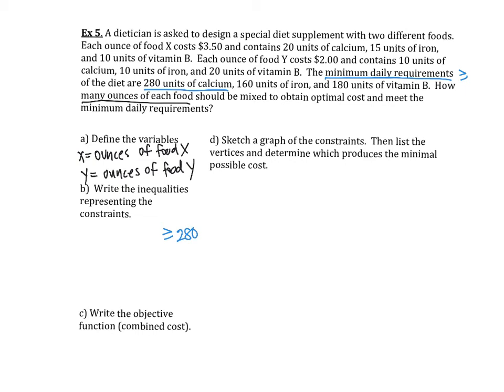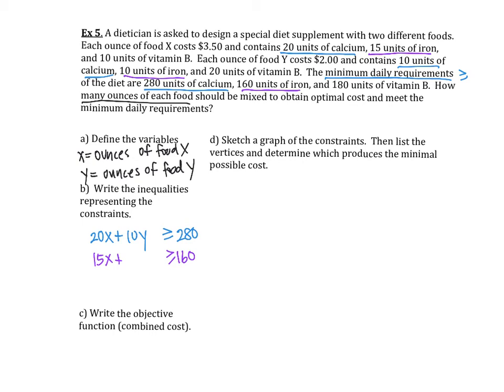So I'm going to look for how much calcium. So food X has 20 units of calcium, and then food Y has 10 units of calcium. Then I'm going to go to my next restraint, 160 units of iron. So X is 15.